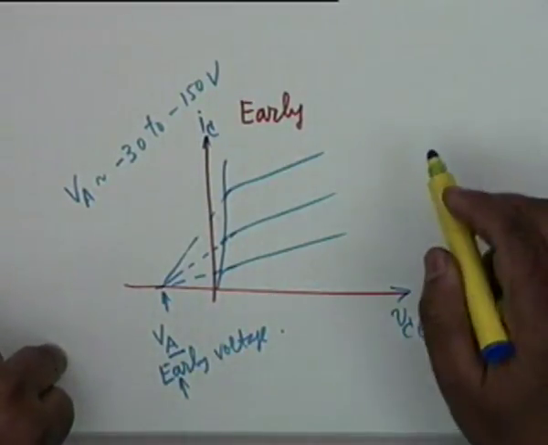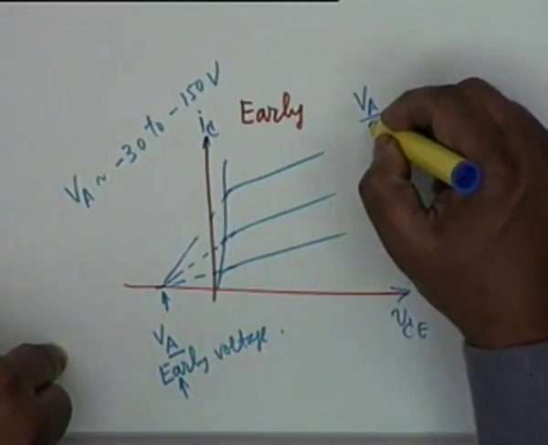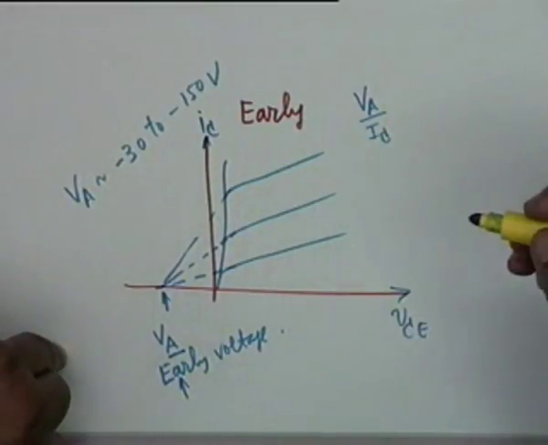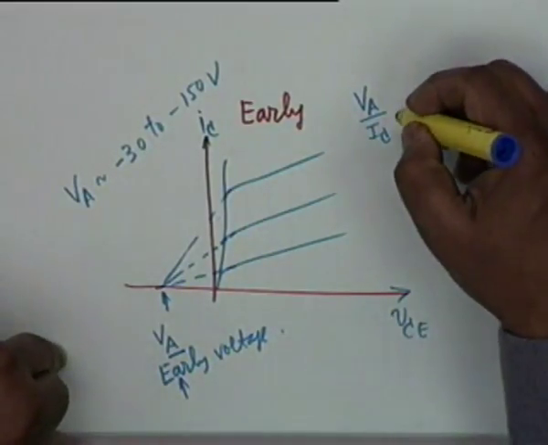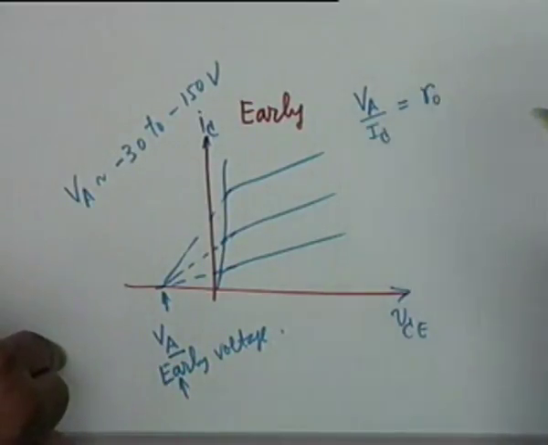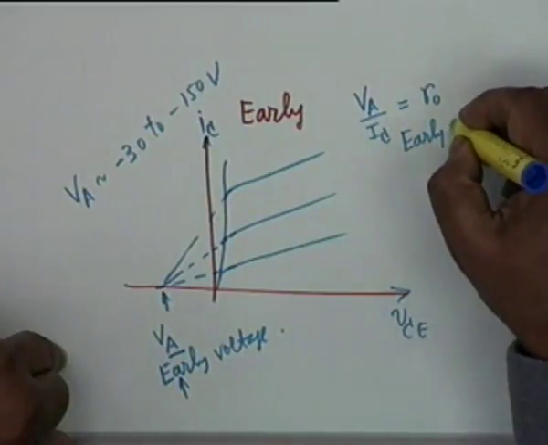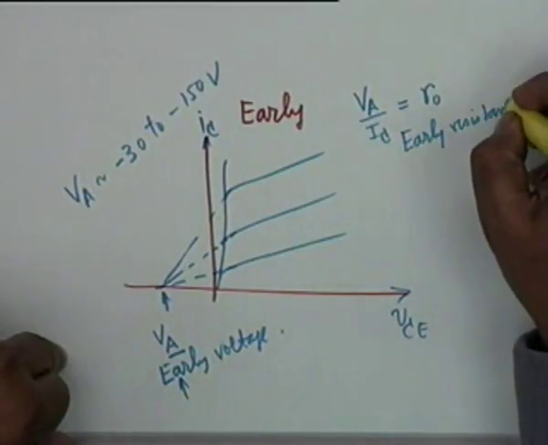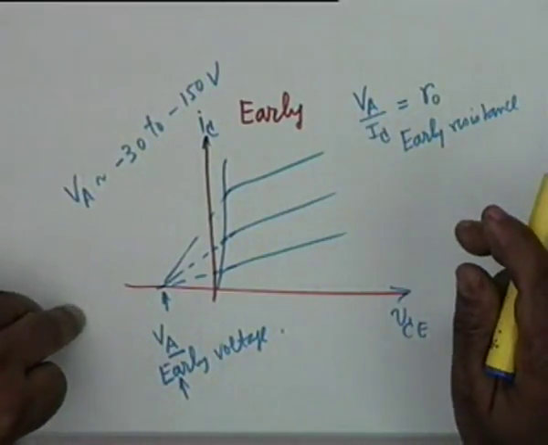Okay, and you see that this ratio VA by I sub C at a particular operating point has the dimension of a resistance, and this is denoted by R0 and is called the Early resistance. This resistance is useful in the transistor modeling.